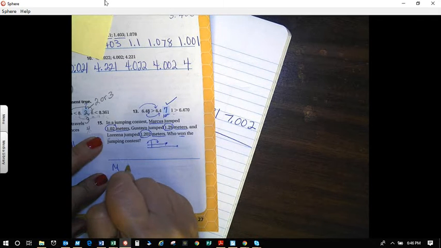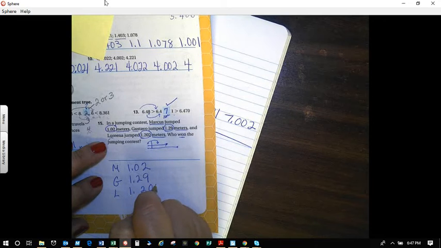So I'm going to put M for Marcus, and I'm going to write down his number. I'm going to put G, and I'm just going to call him Gus. And it's 1 and 29 hundredths. And then I'm going to put Lorena, L, and she jumped 1 and 202 thousandths.